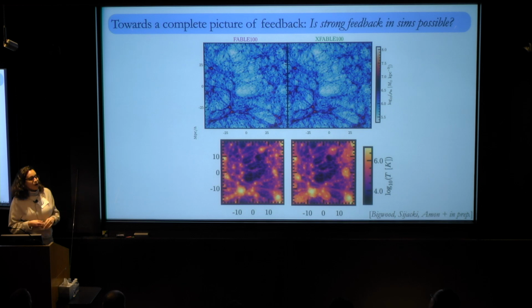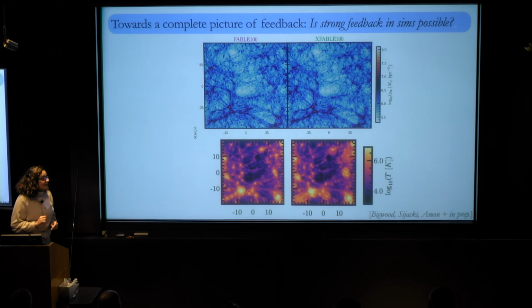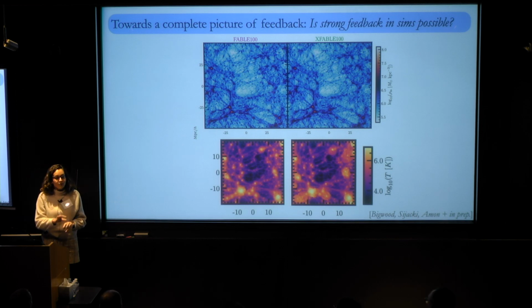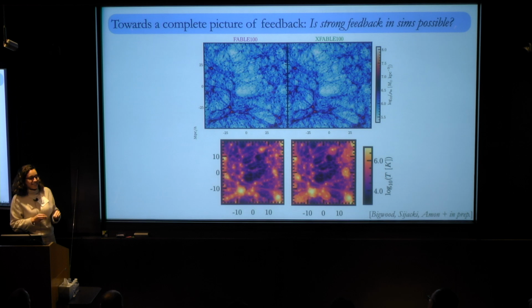So we ran about 50 different variants of the Fable simulation, sampling the parameter space around Fable. Now, this is quite a different and complementary approach to CAMELS because we're not trying to sample the space evenly to build new models. This was very hand-selected. What about this thing? Does that make it more extreme? We were just trying to see what maximizes the power suppression and doesn't break the observational consistency.